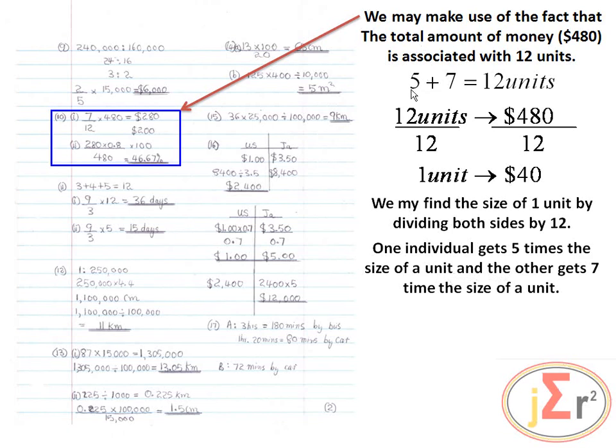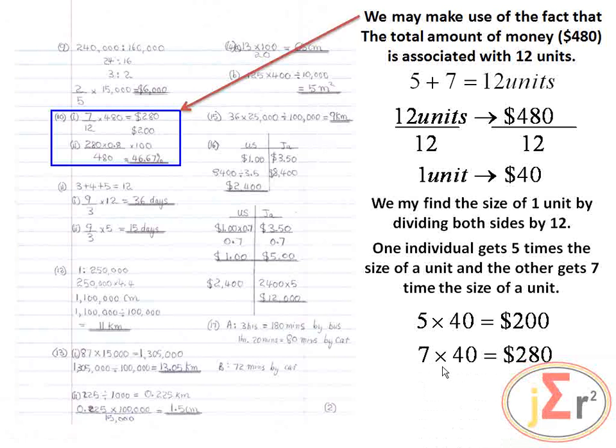This one gets 5 units. This one gets 7 units. 5 times, what is the size of 1 unit? $40. So 5 times 40 is 200, and the other one gets 7 times the size of 1 unit. So $280.